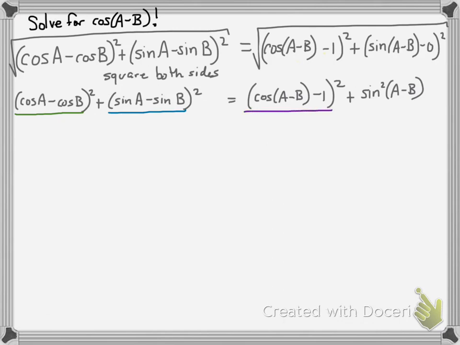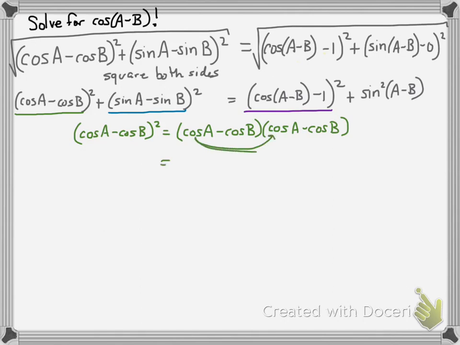So let's start with cosine of A minus cosine of B. So cosine of A minus cosine of B squared is equal to, okay, this means that I need to write down cosine of A minus cosine of B times cosine of A minus cosine of B. And I want to distribute, so I'm going to take cosine of A and multiply it times both terms in the second set of parentheses.